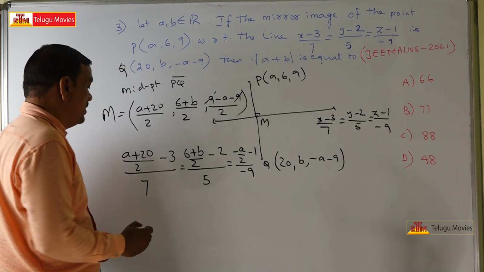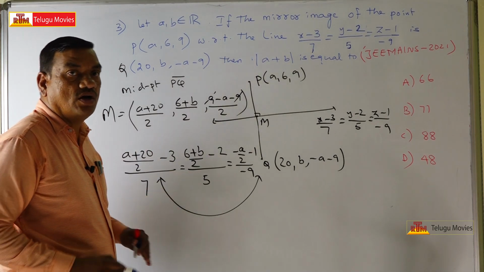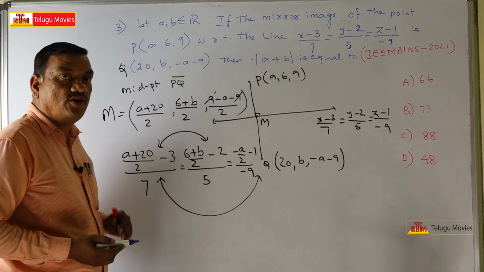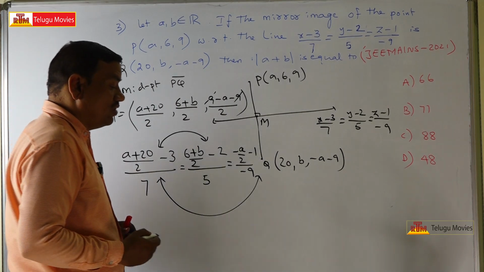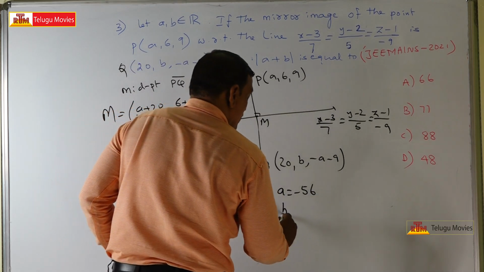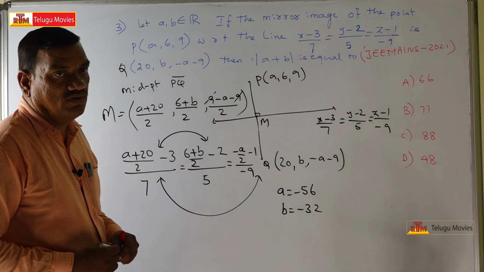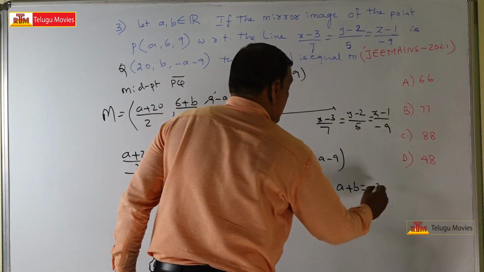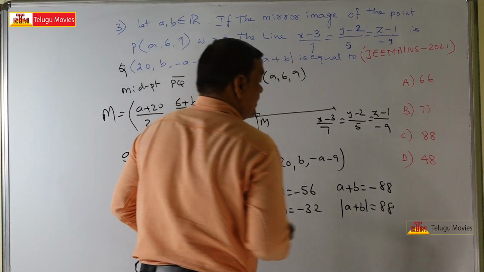Simply solve: equate the first part and the third part, you will get the a value, and equate the second part and third part, you will get an equation in a and b. You can solve easily. After solving this, you will get the a value as minus 56 and the b value as minus 32. Solve these two equations, it will be easy. Therefore a plus b is equal to minus 88, and the modulus of a plus b is equal to 88.